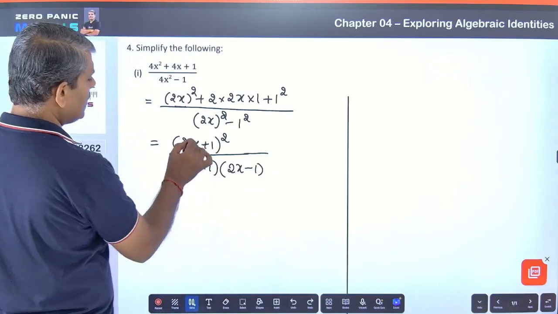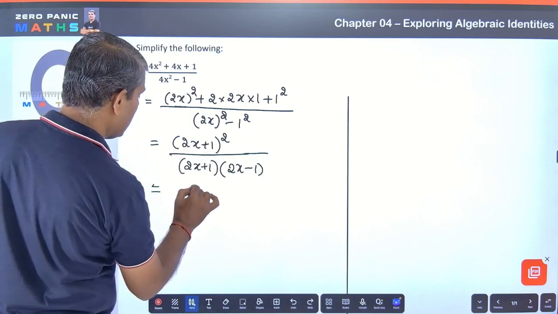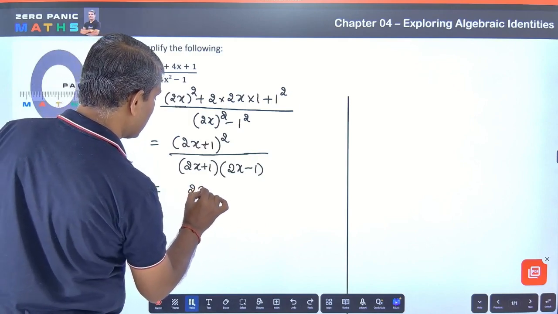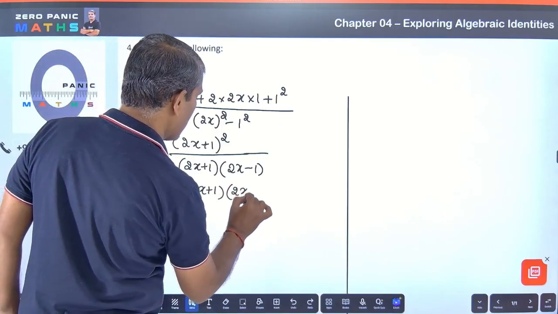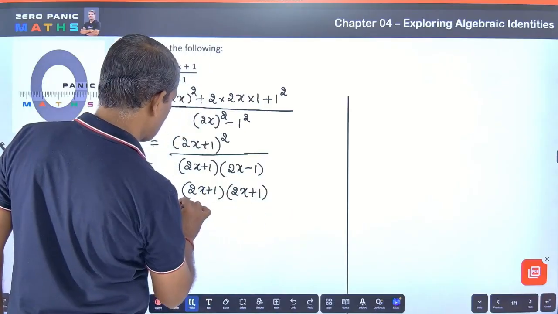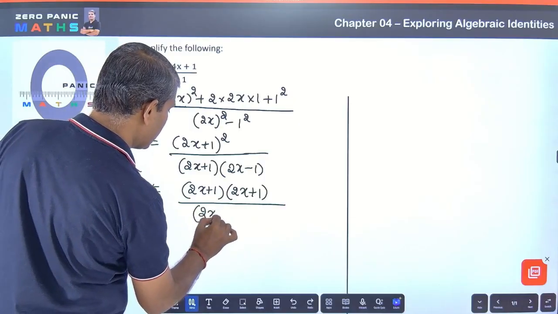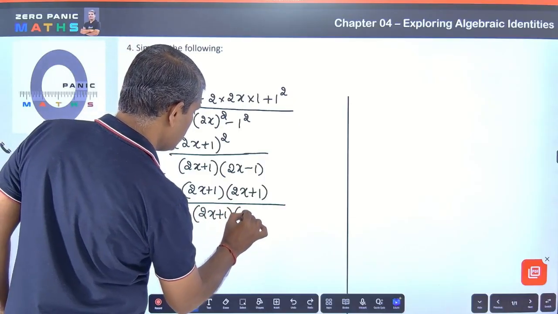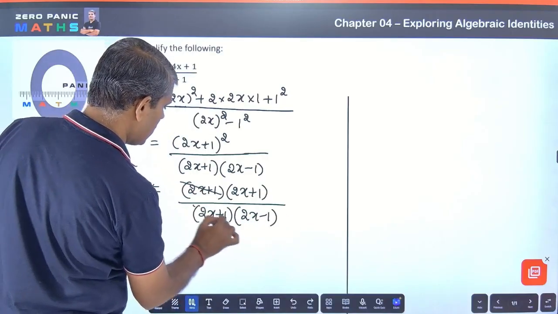Now what happens here is 2x plus 1. We have the square of that in the numerator. So I can write that as (2x plus 1) and (2x plus 1). The square, I've written it in two terms so that I can get it cancelled with the below term, and that is 2x plus 1 cancels with 2x plus 1.